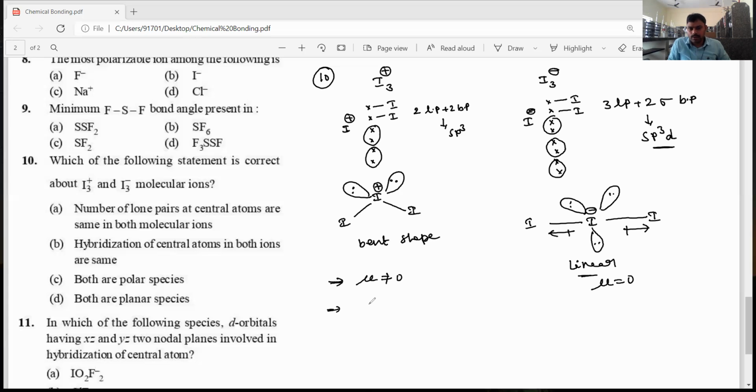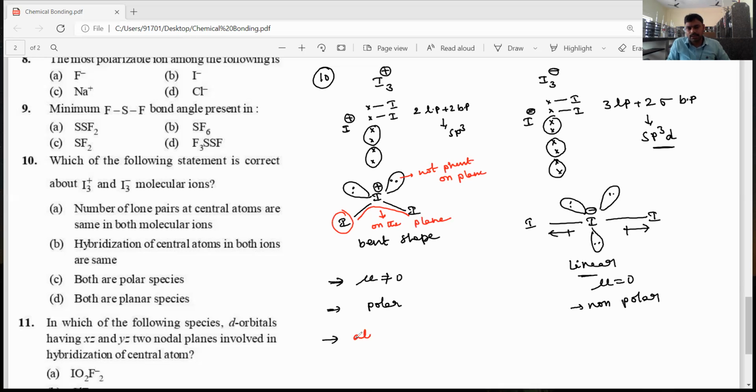One is polar in nature, and the other is non-polar in nature.